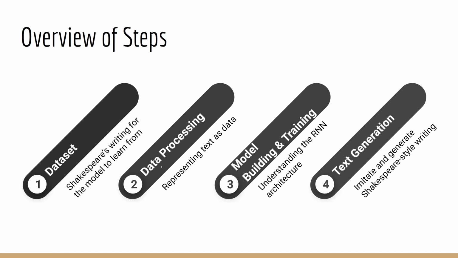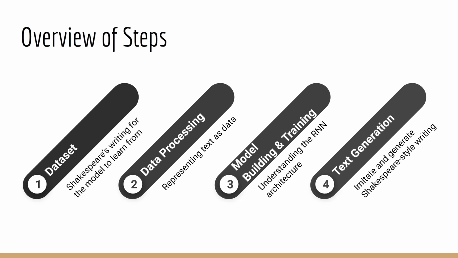That's why another important step is data processing: how do we take that writing and convert it into data that the model can understand? And once the data is ready, it comes down to the model, the central part of it.